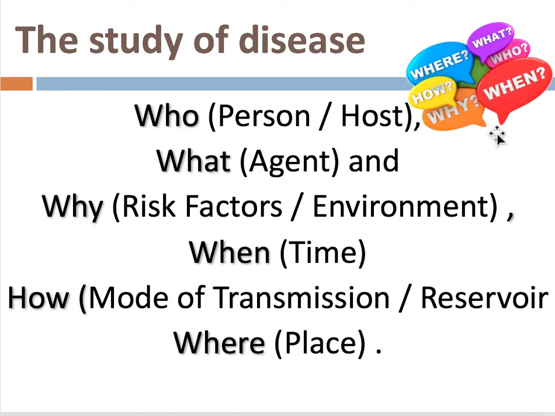So when we think about diseases, either the presence or the absence of, we should probably start with a definition of what is a disease. So the most basic definition would be the absence of health. But from the British Medical Journal, I'll read to you their definition of disease.